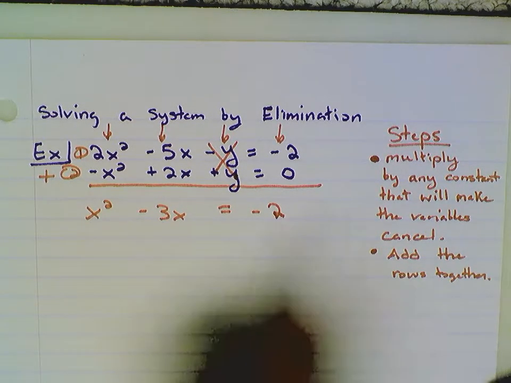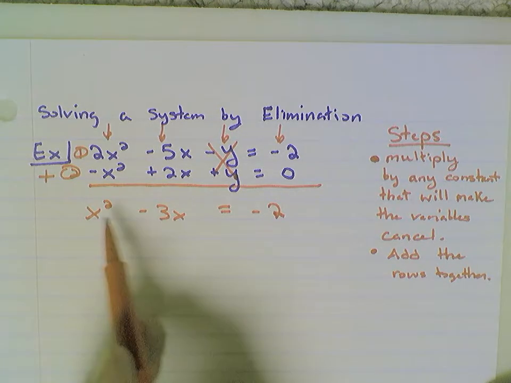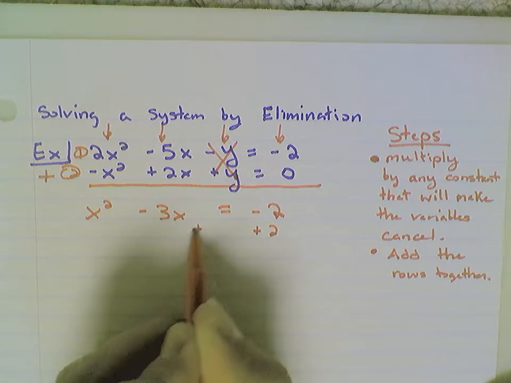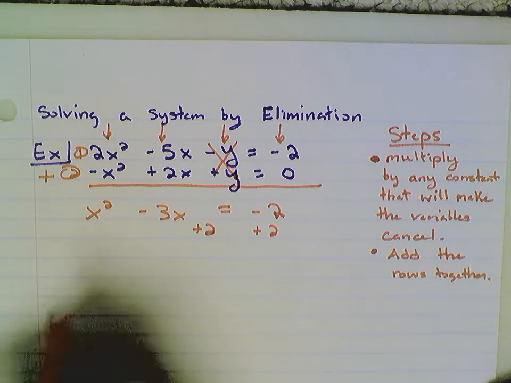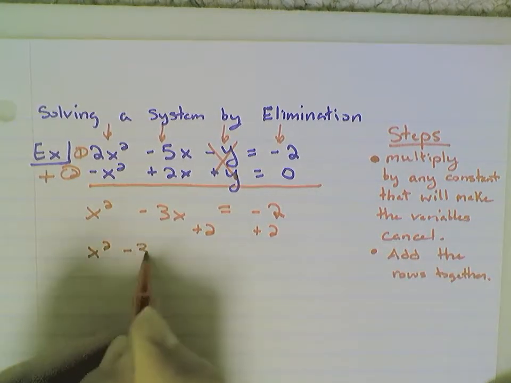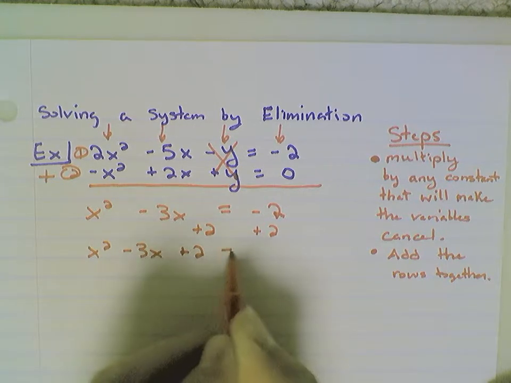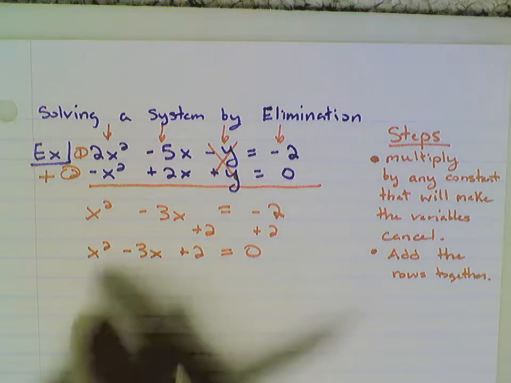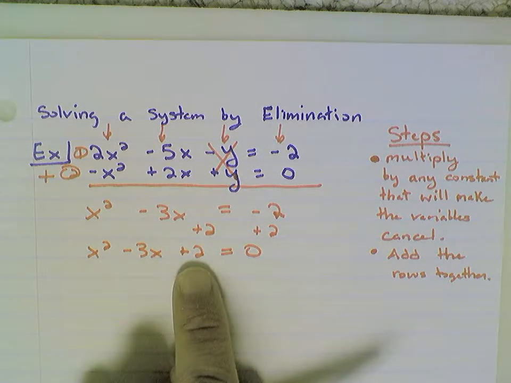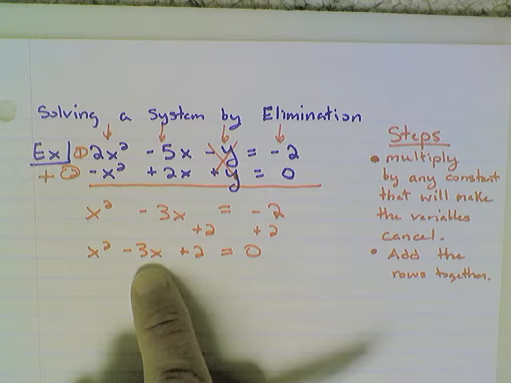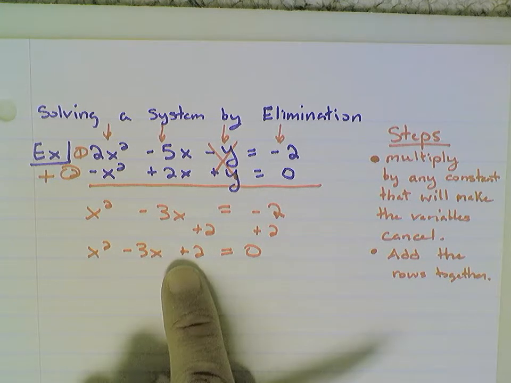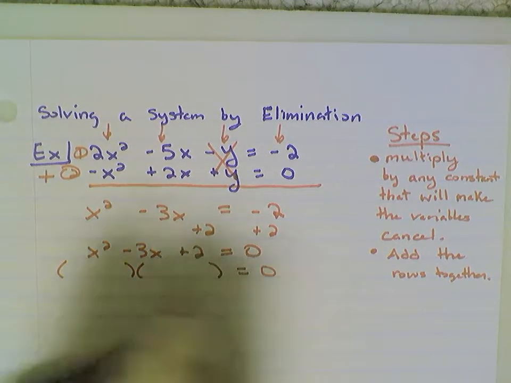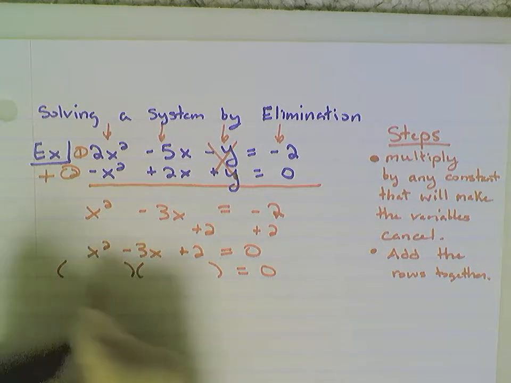Once I'm at this point, I'm down to one equation and one unknown. I want to solve this, so I want to get everything onto one side, so I'll add 2 to both sides. It gives me x squared minus 3x plus 2 equals 0. Once again, you can see that I have a quadratic equation in standard form. Anytime we have an equation in standard form, we want to factor it. So I can factor this equation into two binomials.